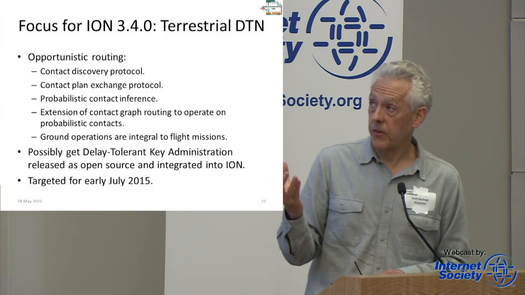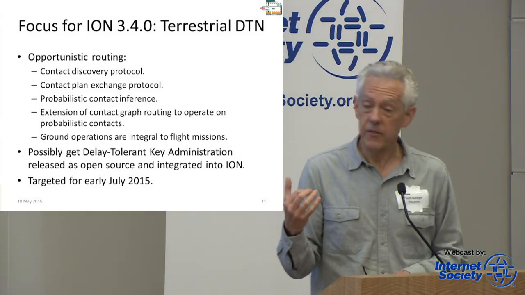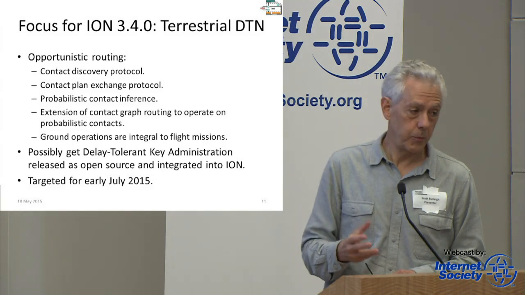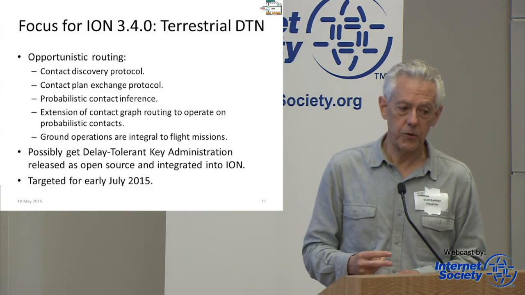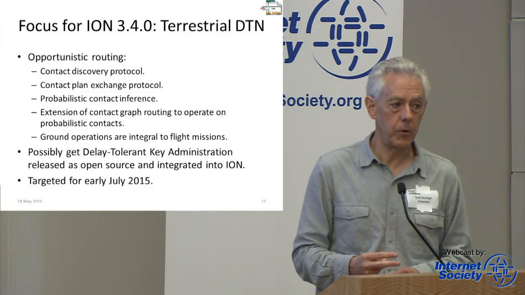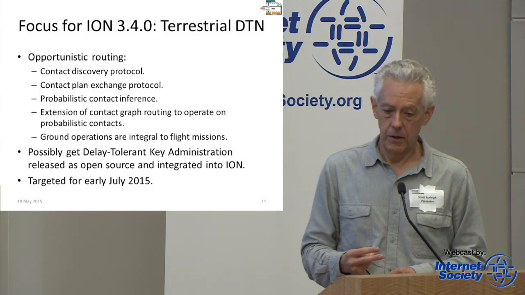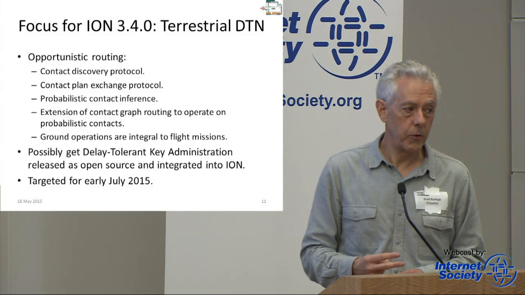So that involves inference of probabilistic contacts, which also is a kind of research problem. We'll do something primitive, I think, for the 3.4.0 release and try to refine that over time.